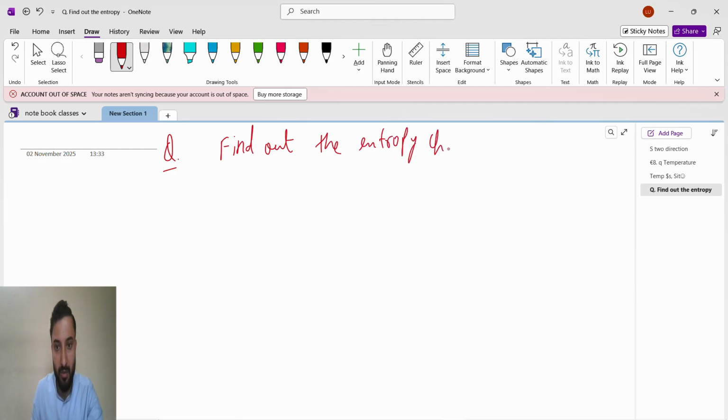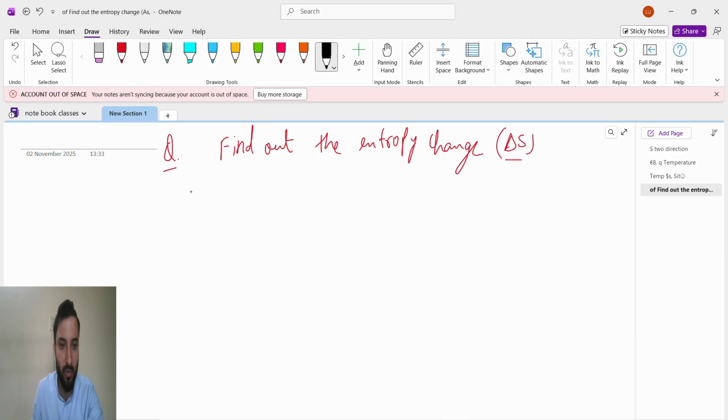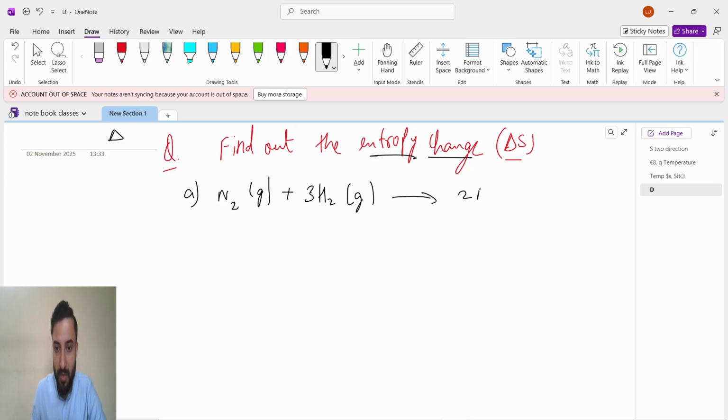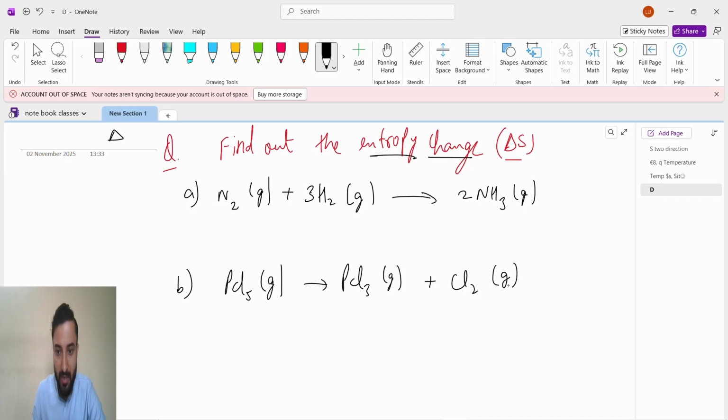Entropy change means delta S. Find out the entropy change: wherever the word change comes, I will bring delta in chemistry. Find out the entropy change. I will write it here. N2 gas plus 3H2 gas gives 2NH3 gas. Another one: PCl5 in gas gives PCl3 in gas plus Cl2 in gas. They asked to find out the entropy change.